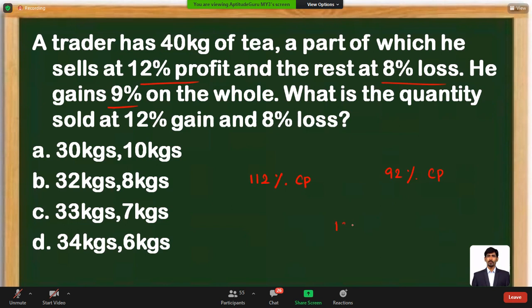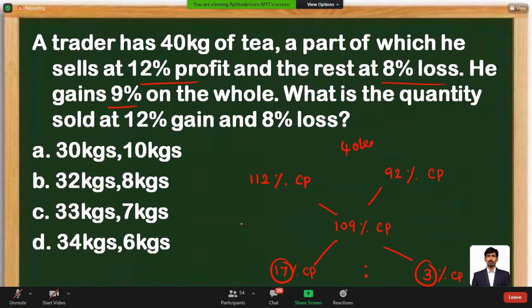That means this minus this and this minus this will give the difference. This minus this is giving a result of 3% of the cost price, and this minus this is 17. So here the ratio is 17 to 3.